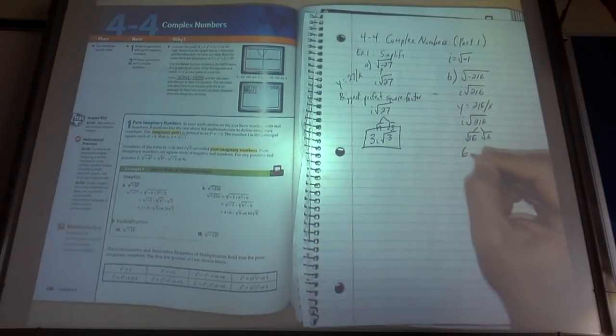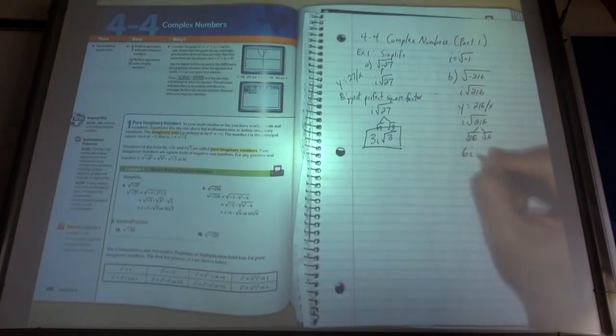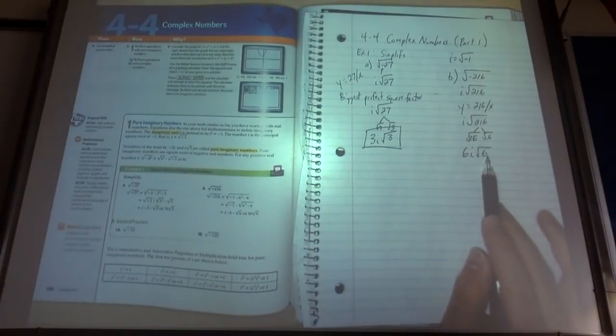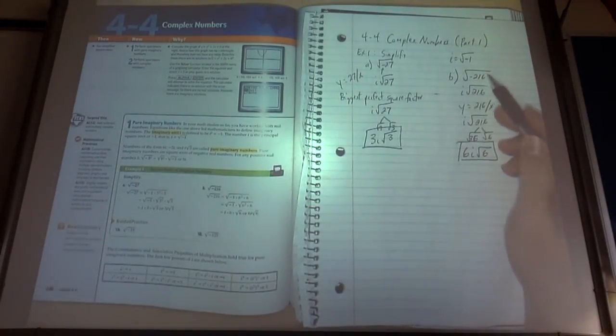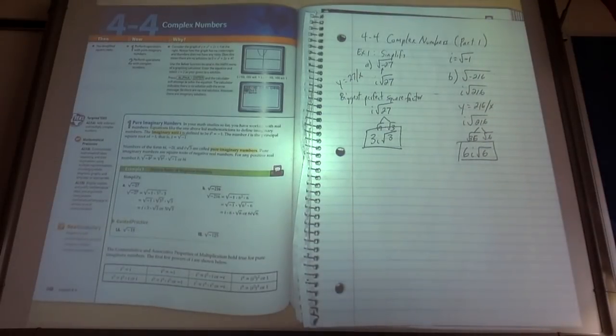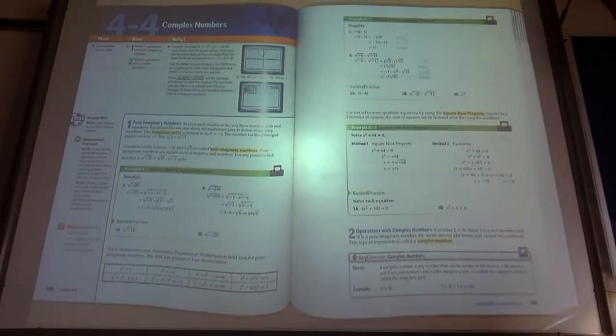That is 6, and then my i is out front, radical 6. Now, 6 isn't prime, but there are no perfect square factors in 6. So that's the square root of negative 216 broken down: 6i radical 6. There's a nice chart at the bottom of page 248 that shows you what i is equal to, what i squared is equal to, etc. Just keep that in mind.